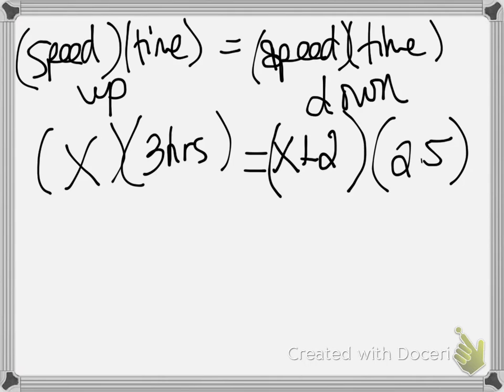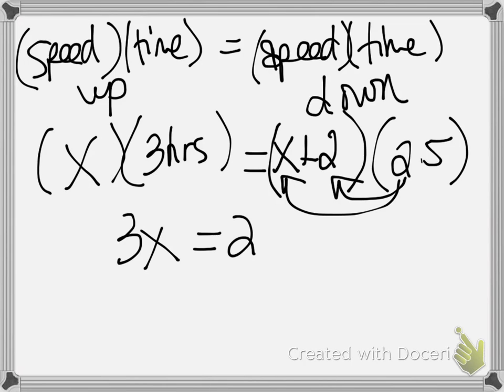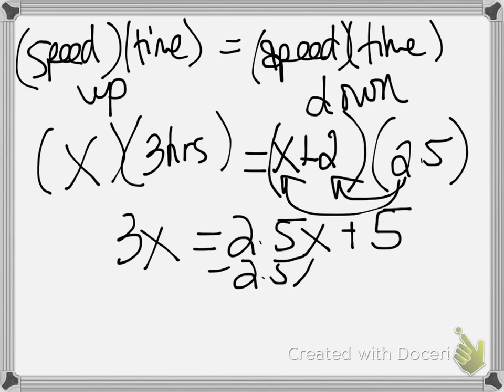So now we're going to solve. The first thing we need to do is distribute this 2.5 into that, and I'm going to get rid of my parentheses on both sides, and I'm just going to say 3x equals 2.5x plus 5. Okay, so now I'm going to subtract my 2.5x from both sides.